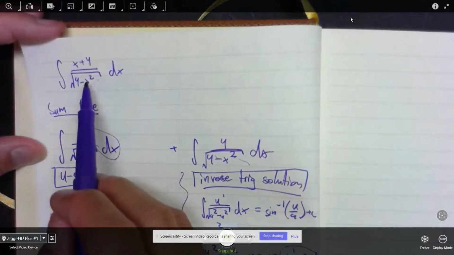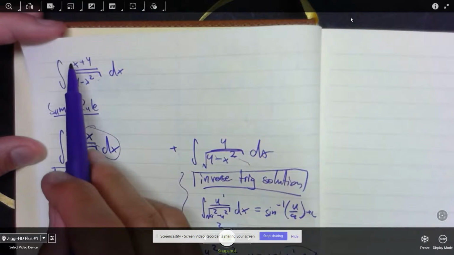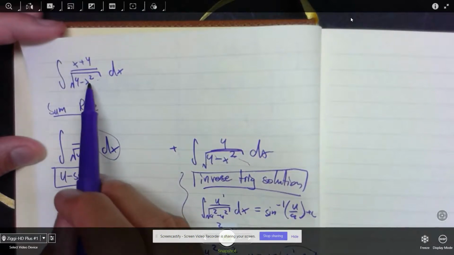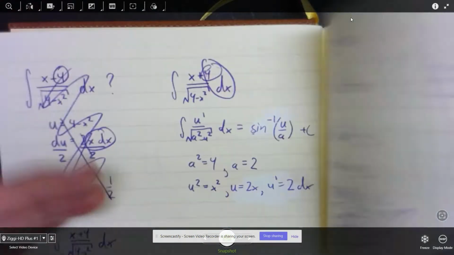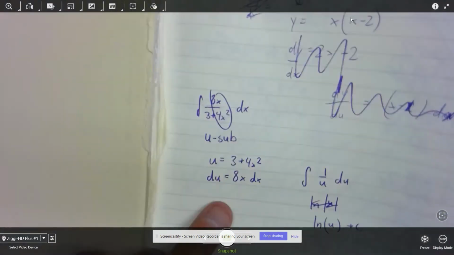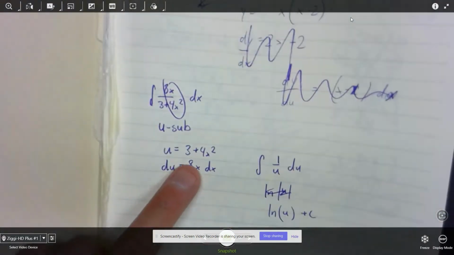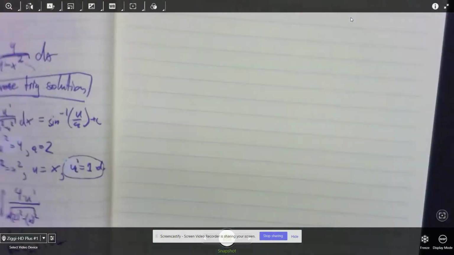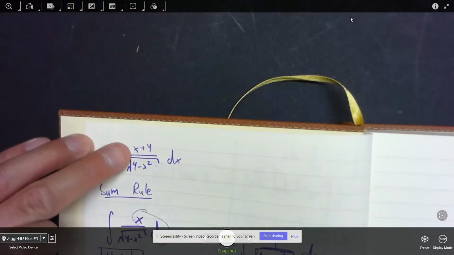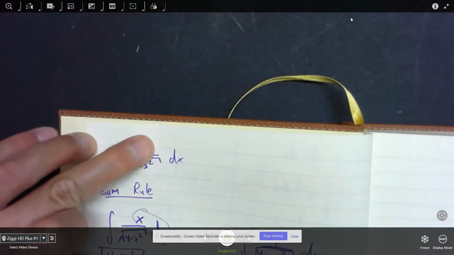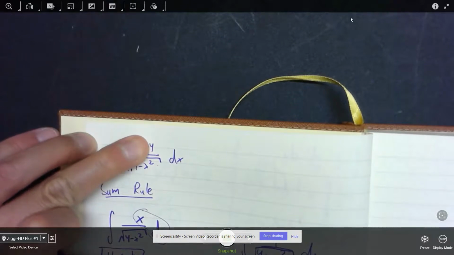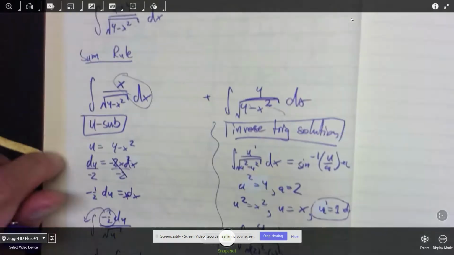You have a variable that is 1 degree less than the variable at the bottom, which we remembered at the very end of your last video is simply u substitution. But we're also met with the situation where you have a nice clean constant here, that plus 4, that would indicate to you that you just use inverse sine or inverse tan as a solution.